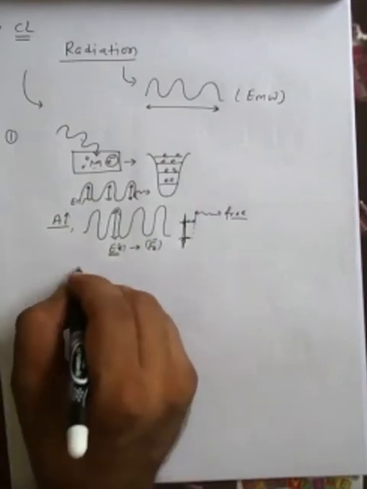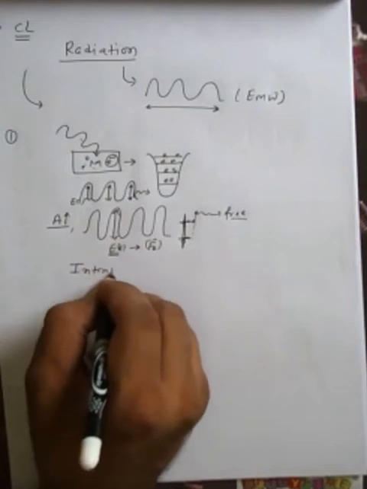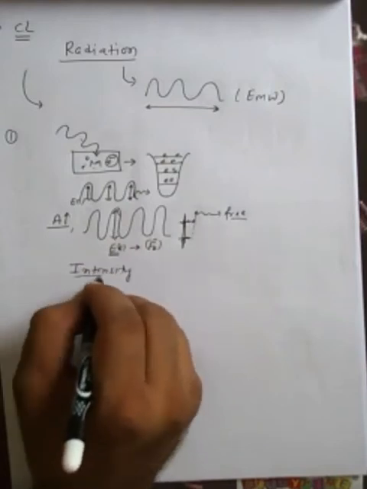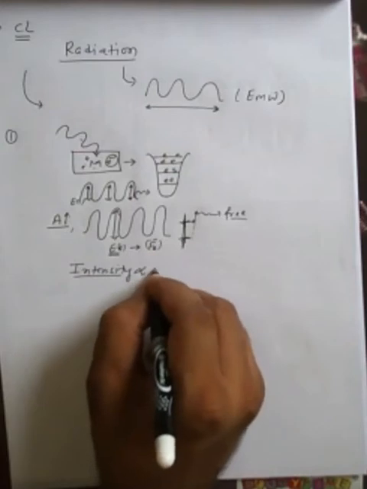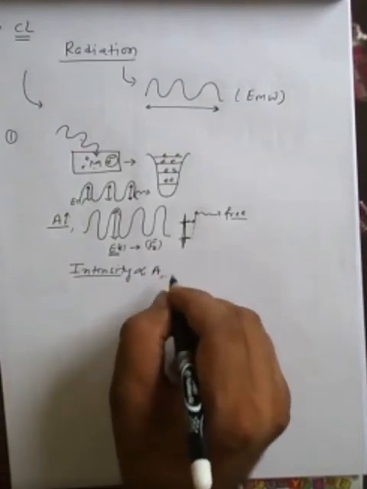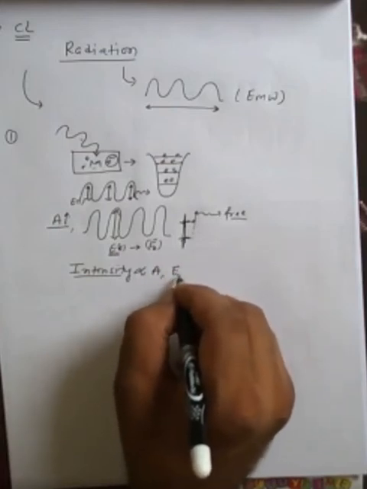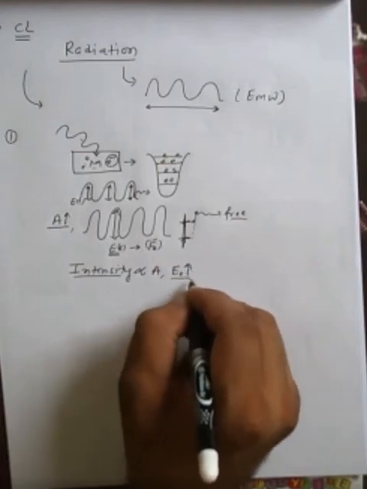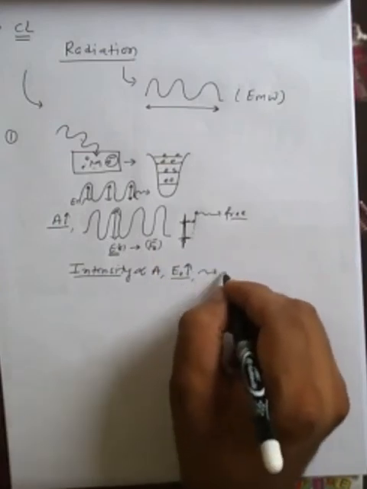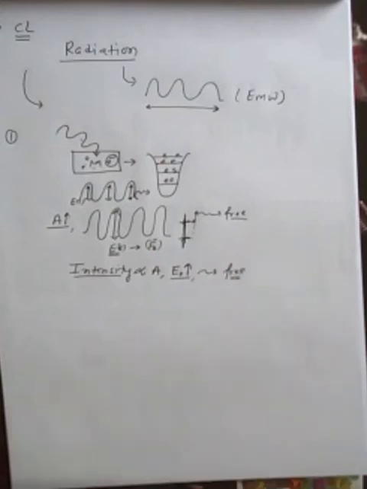It means that with increasing intensity of radiation, we are increasing the amplitude of the electric field, and so we are increasing the energy of the electrons. The electron can be free if it gains sufficient energy from the electric field.